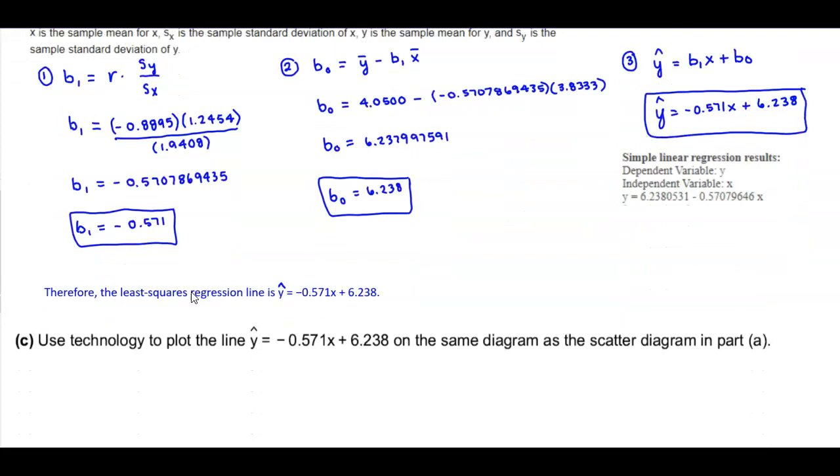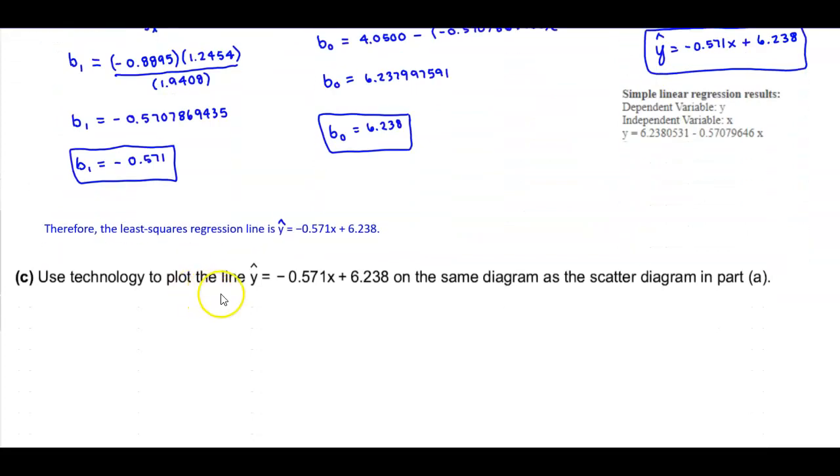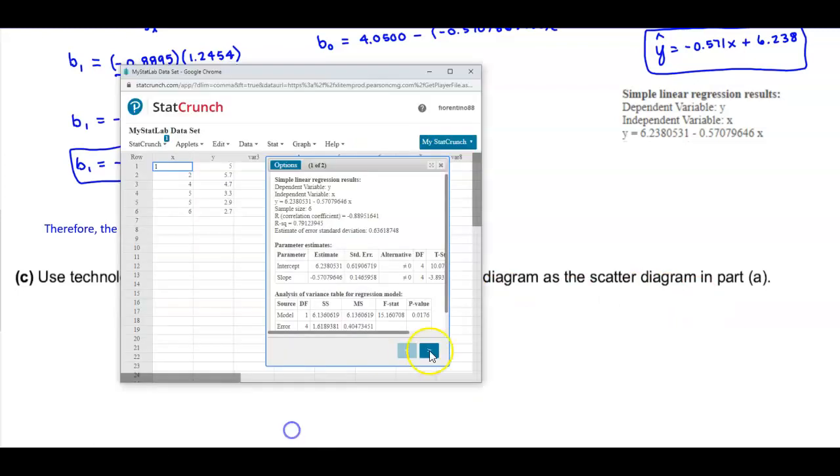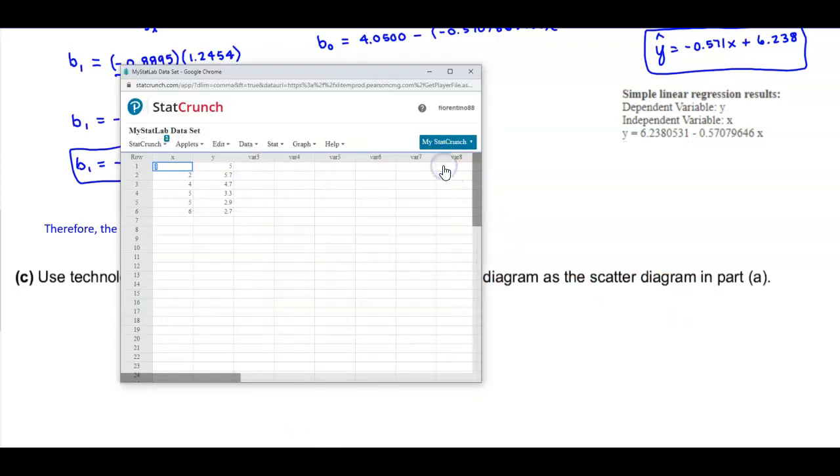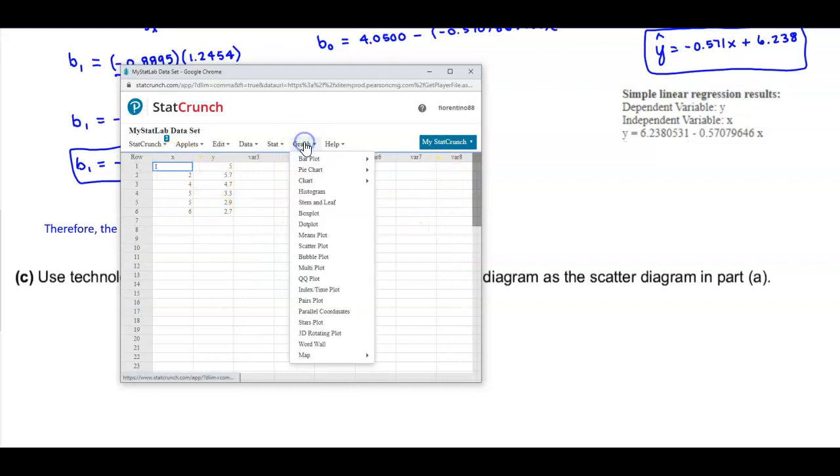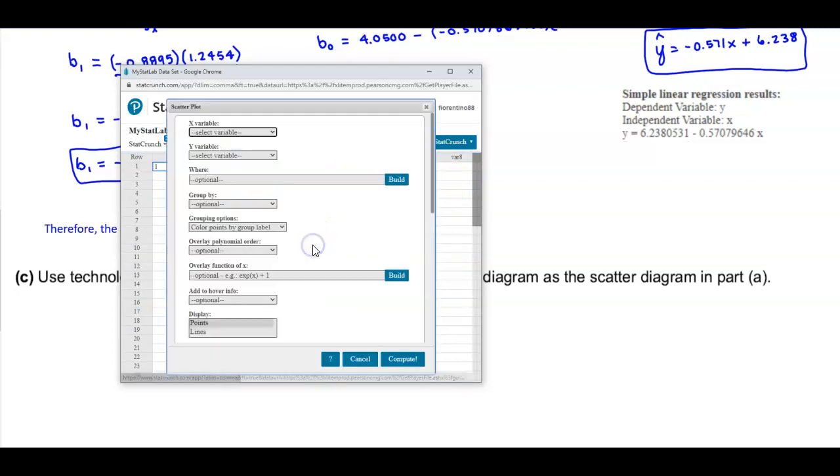Okay, now the next thing they want us to do is use technology to plot the line y equal to negative 0.571x plus 6.238 on the same diagram as the scatter diagram in part A. So let's go ahead and do that. We have our data in here. We're going to select Graph, and then again select Scatter Plot.